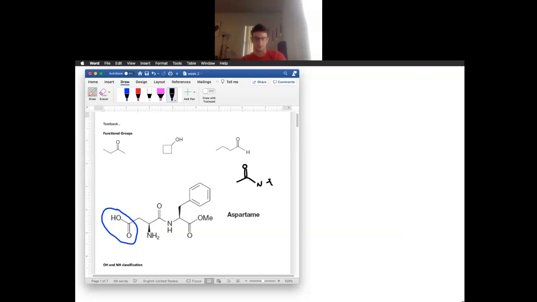All right, so yes, this here would be our amide, not this, because this is a whole bond separate from the carbonyl group. So what is in red wouldn't be our amide. Here in blue is our amide, and this here is our amine.